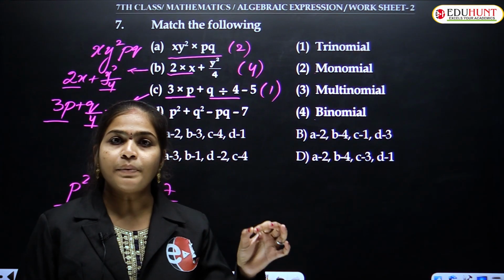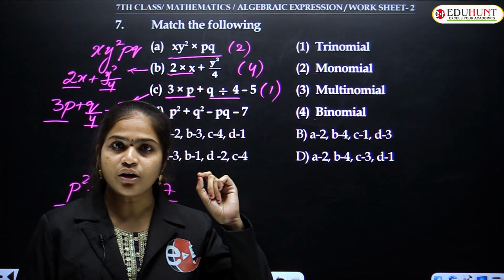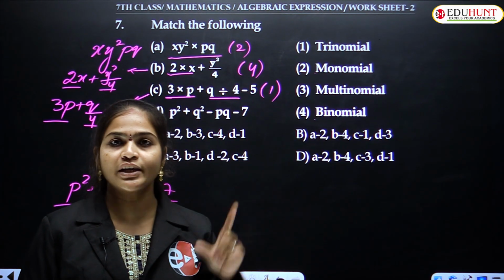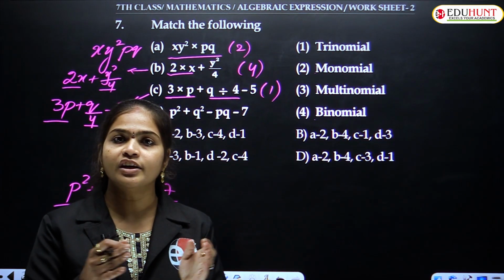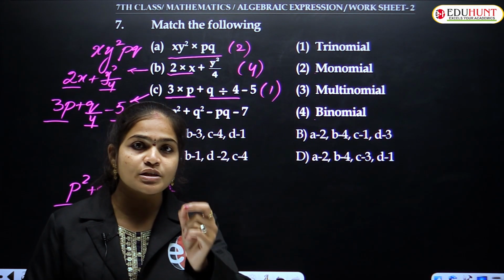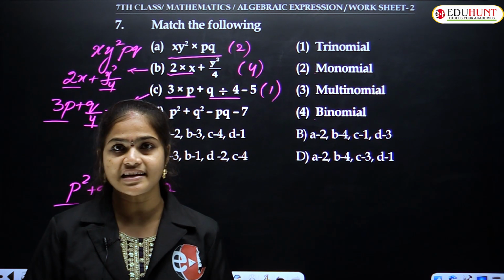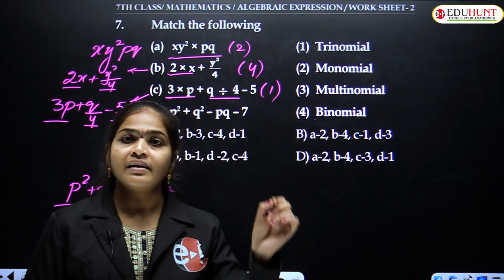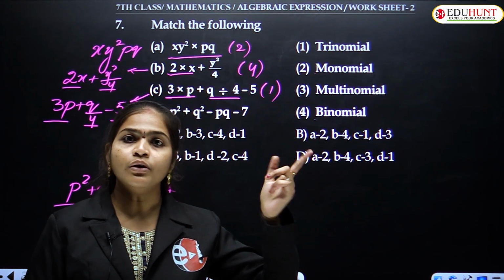If the exponent of the variable is positive only, then we will call that one as a polynomial. Okay, in that polynomial all the exponents must be positive integers. That is called polynomial. And multinomial means the power is either positive or negative.